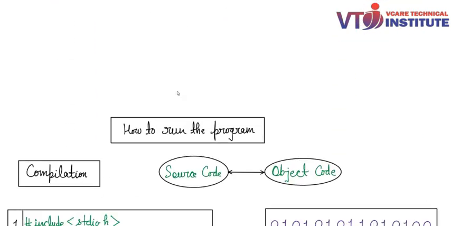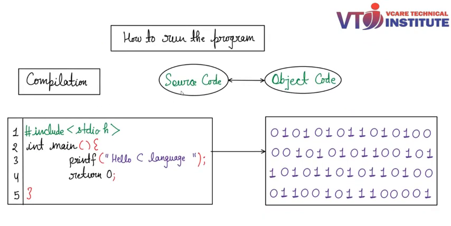Now let's move ahead. Now, how to run the program? We have to run our program through a process called compilation. Compilation is a process which converts source code to object code.